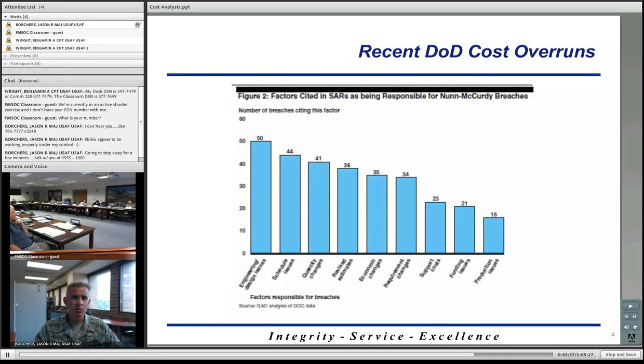Program managers tend to be a little more vulnerable to this because they want the program to succeed. We as cost analysts need to maintain objectivity as best we can, but even a cost analyst who directly supports a program may have their costs influenced by wanting to ensure the program succeeds.